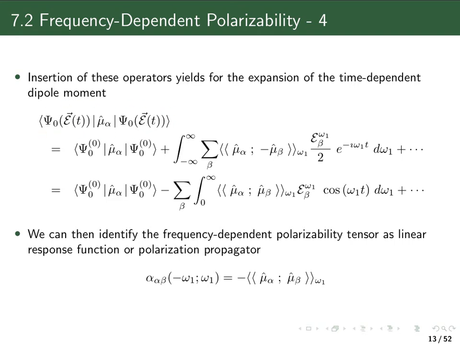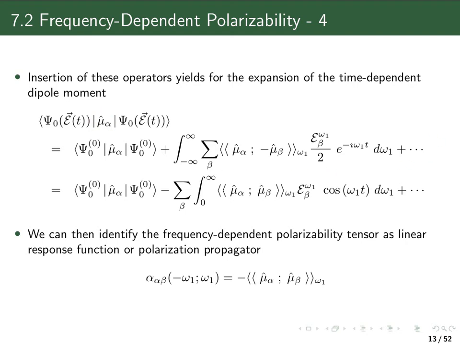So we have the time-dependent expectation value of our operator, in our case the dipole moment operator, as the permanent dipole moment, or the expectation value with the unperturbed wave functions, and then a series of corrections to that, which are linear, quadratic, cubic in the field, and the linear one has the linear response function.